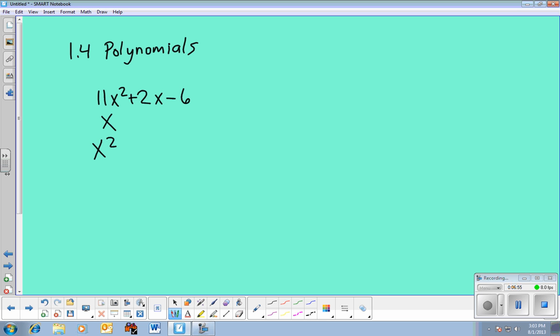x squared y to the 4th, z to the 21st. Polynomial. Okay, you can have more than one variable, but we only have addition, subtraction, multiplication of those variables. We cannot divide by variables. So, non-examples. 1 over x, not a polynomial. If the variable is in the denominator, not a polynomial.